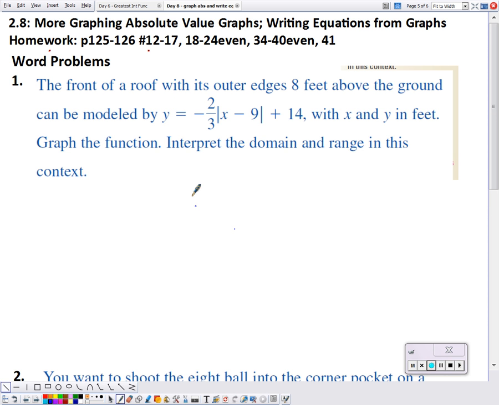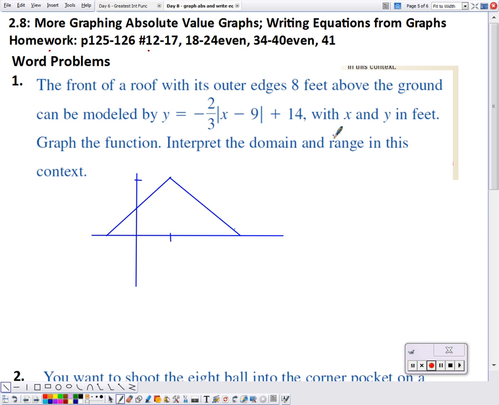And it's got a vertex of 9, 14. So I'm just going to make a real quick and dirty graph. We'll pretend that's 9 and 14. So here's my vertex, and it goes down 2 and right 3. So it's going to come down somewhere here and come backwards somewhere here.